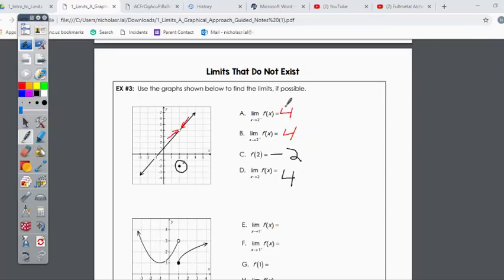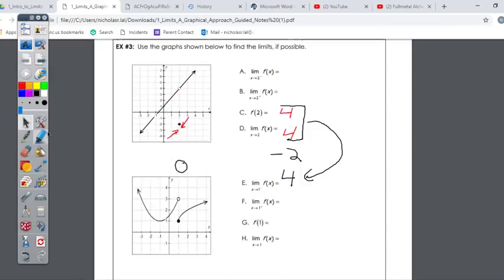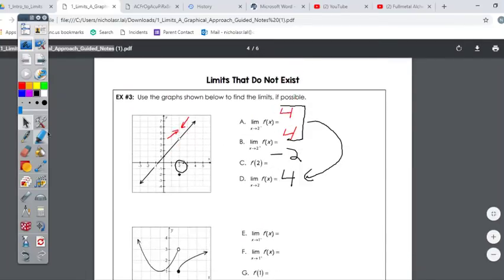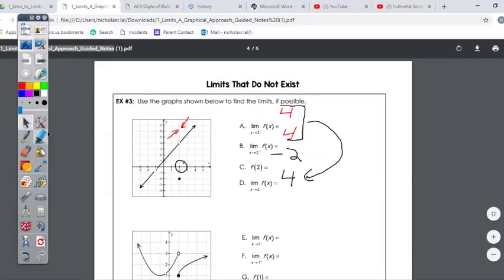As long as the limit from the left and the limit from the right equal each other, that's the limit of the function. So these are the same, so therefore the general limit is also true. That was the first problem, example 3. Let's go on to the next problem.